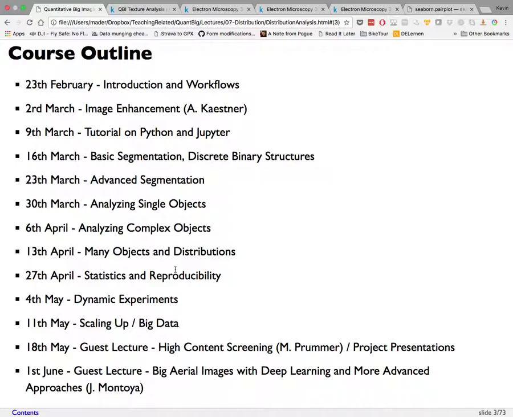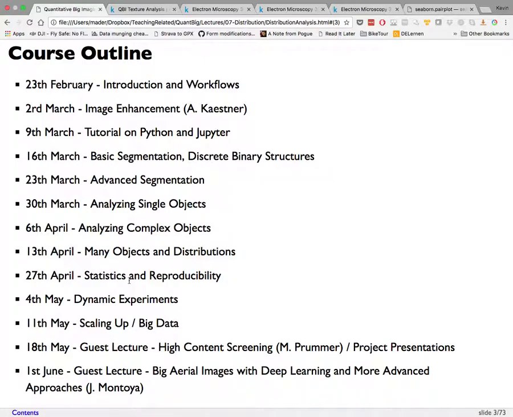Then next week, there's no lecture because of Easter, I guess, although that seems like it should have been this week. And then the week after, there's the statistics and reproducibility. That's about putting all these aspects together so that we can have a meaningful output from all of this different analysis.